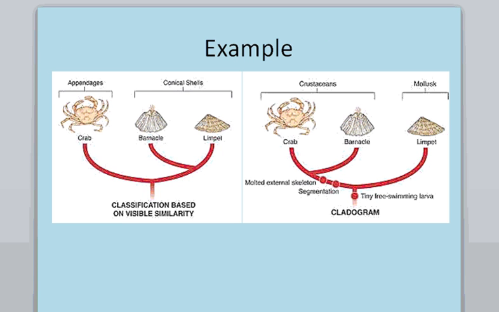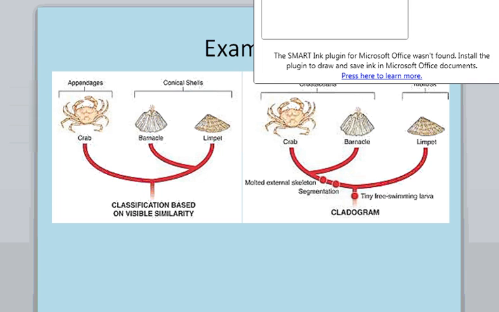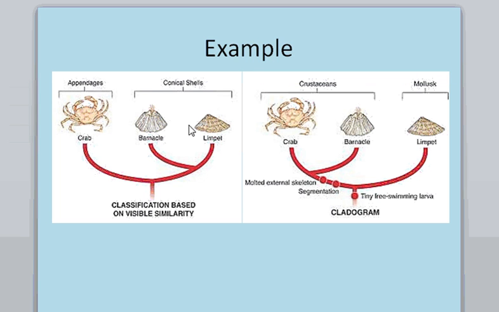An example, if we look at these two drawings, if we look at the one on the left first, we have a barnacle and a limpet, okay? They look very similar.